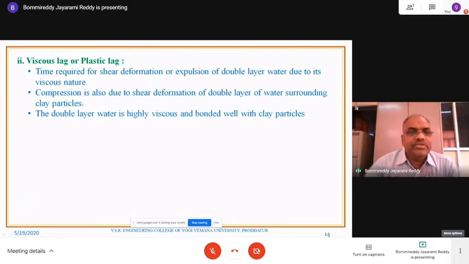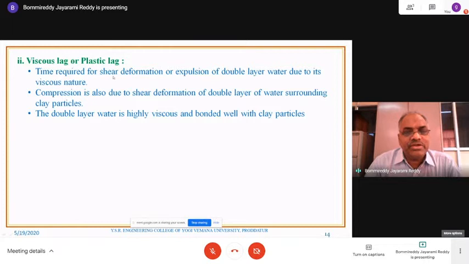And another one is viscous lag or plastic lag. Lag means it is time. It is the time required for shear deformation or expulsion of the double layer of water due to viscous nature. Once the soil is in plastic state and a double layer of water is formed around the soil particles, the entire soil is in plastic state and deformation takes place, and that deformation is shear deformation.